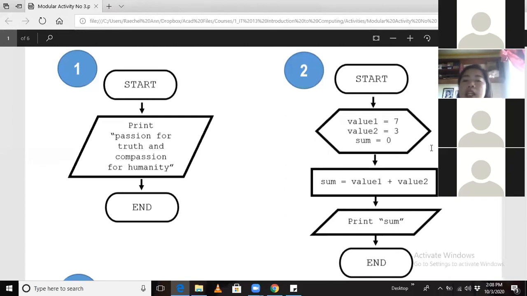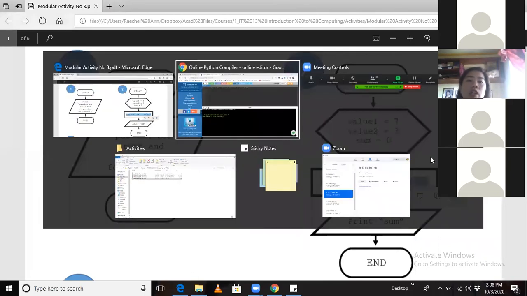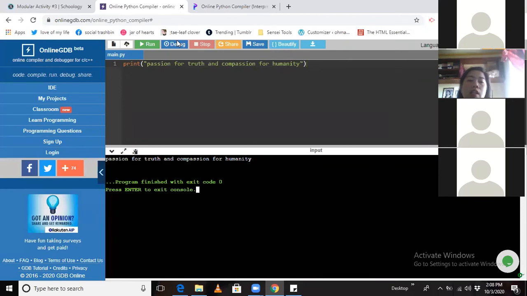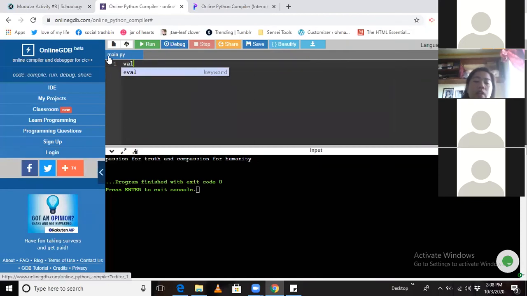So, ginagawa natin, we have 2 values and then we have sum. Anong gagawin sa process? This is an arithmetic operation, addition in specific. Okay? So, mag-a-add lang siya. As simple as that. Value 1 gets 3.